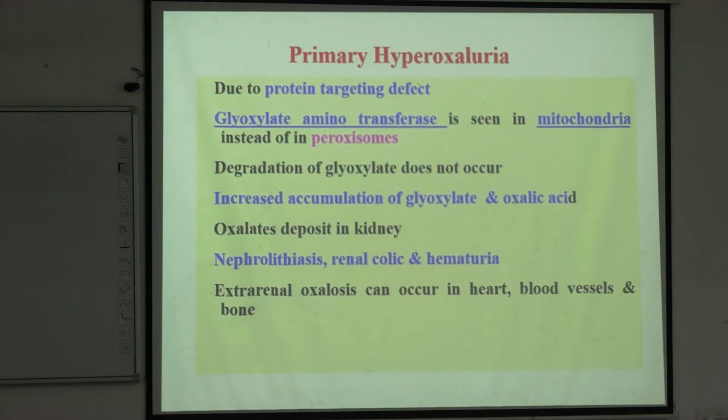Primary hyperoxaluria is a protein targeting defect. The enzymes in the subcellular organelles are compartmentalized. Some enzymes are very specific to an organelle, some are common. Enzymes are present specifically in some components like lysosome, which contains hydrolases. Peroxisome contains oxidizing agents.